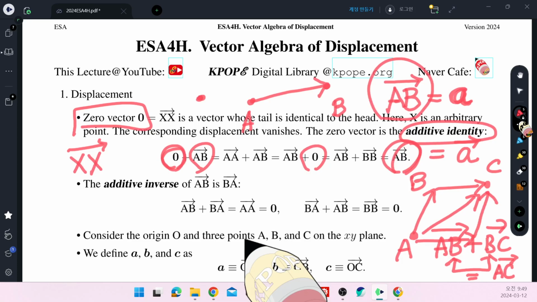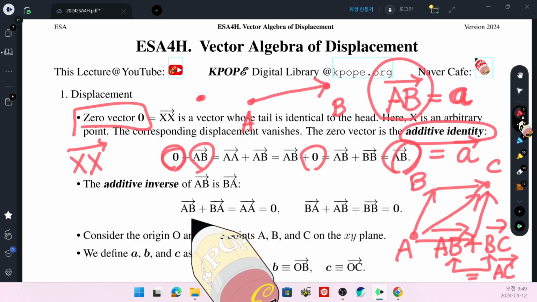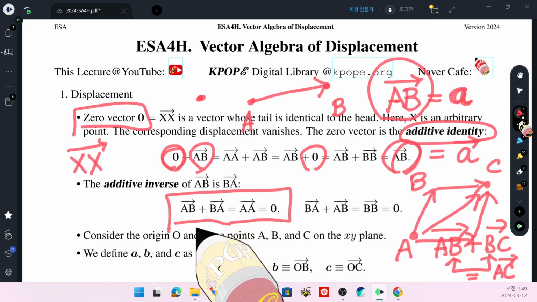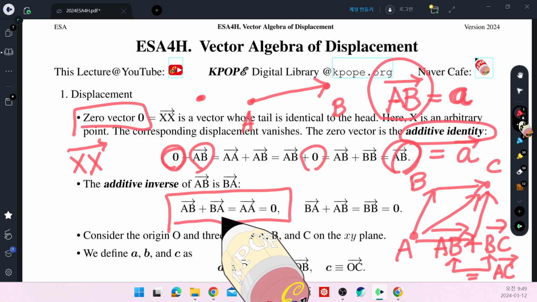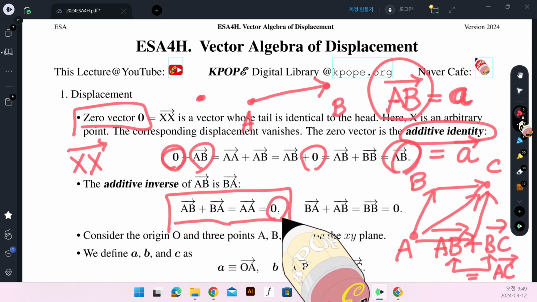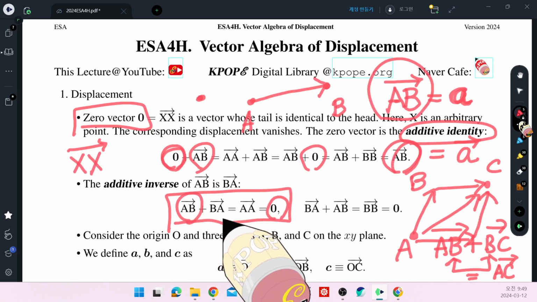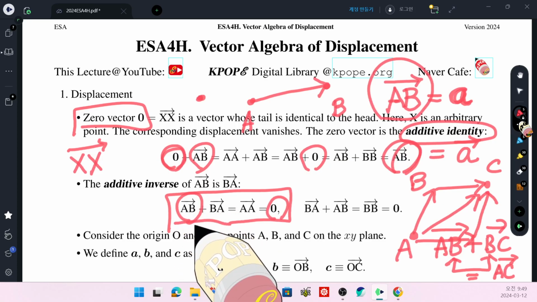In a similar manner, we can extend this idea to find a solution for this equation. That means we add the two vectors and the result is 0. So what is the vector that is to be added to cancel the original vector?